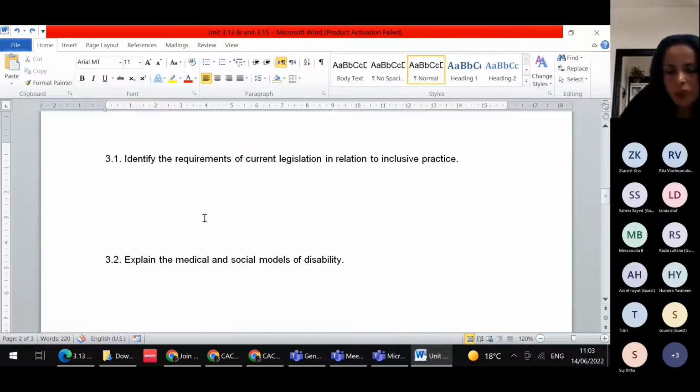So now, identify the requirements of current legislation in relation to inclusive practice. Do you remember what the legislation was according to the inclusive practice? Do we know what inclusive practice is?